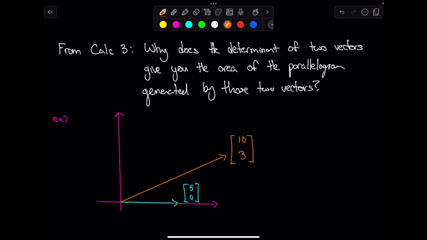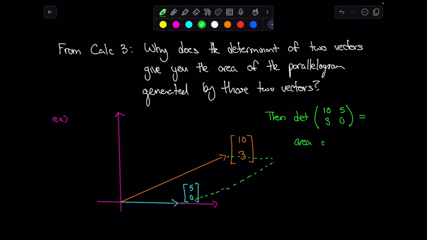And I claim that if I sketch out the parallelogram generated by these two vectors, then the determinant of the matrix that we get by taking 10, 3, and 5, 0 as the columns is going to give us the area of that parallelogram.